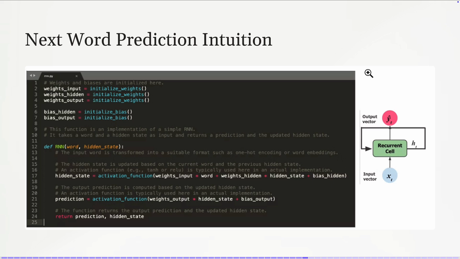You have a sequence and you want to generate the next word. Here an RNN is defined by a word and the hidden state. The hidden state is just the activation function, the nonlinear function, applied to the linear transformation of the word, which is the current state, and the hidden state, this F function that you have defined. And then we do the prediction by applying the output weight to the hidden state plus the bias.